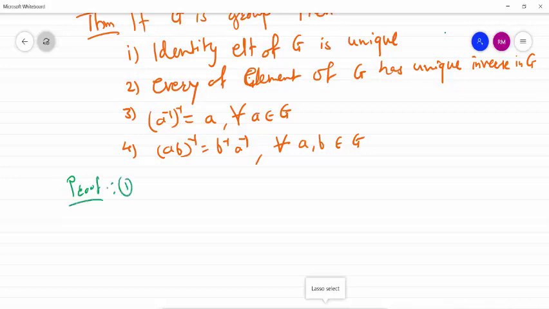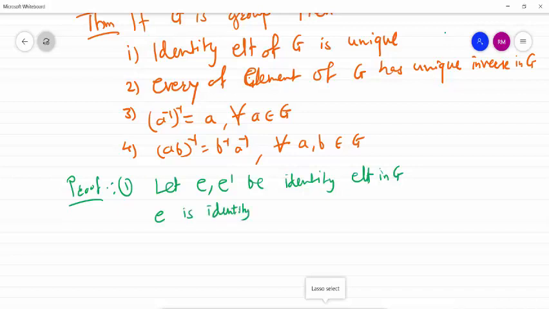First, let E and E dash be identity elements in G. So we can write E is an identity element.